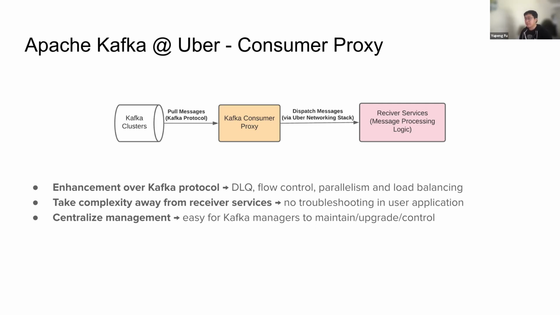So by taking on this pain, the team built a proxy layer in the middle to simplify the clients on the application layer, to encapsulate the complexities, and in addition to build enhancements to the processing. For example, the DLQ feature I talked about in the previous slide is implemented in this proxy layer.